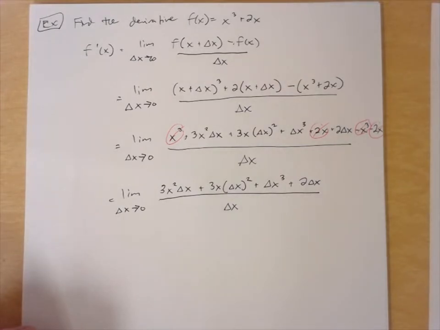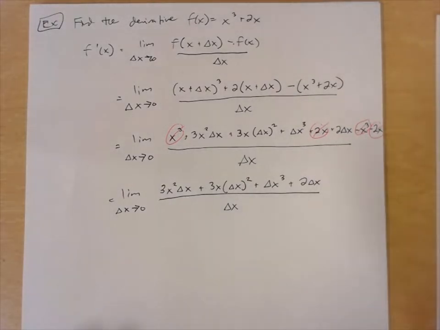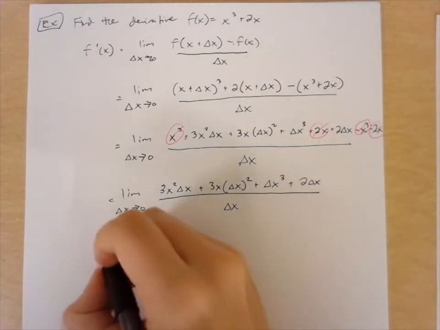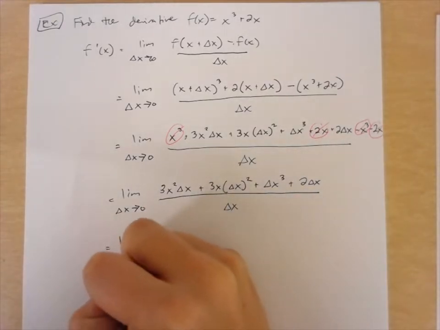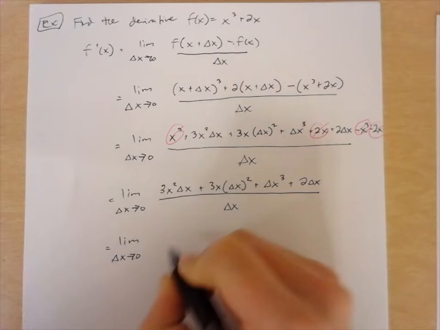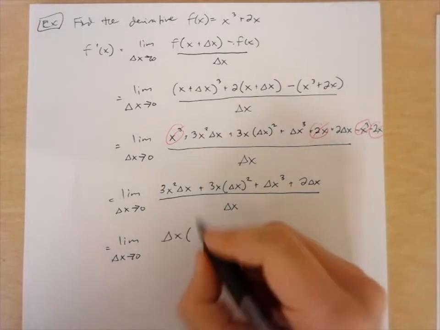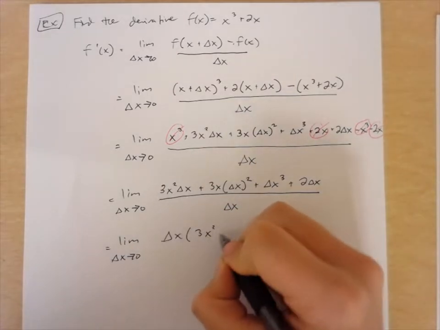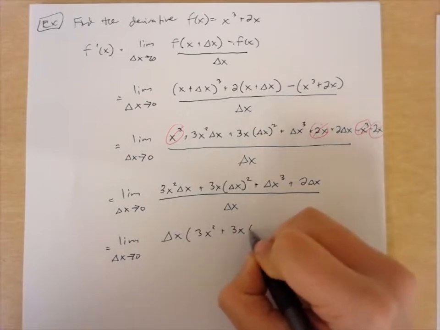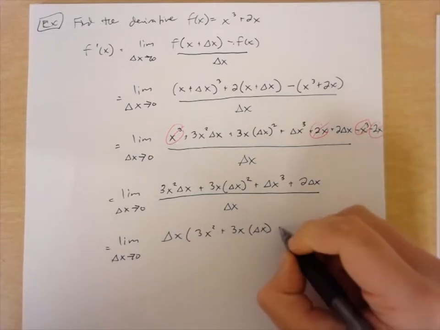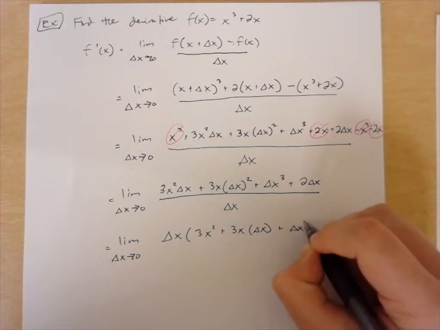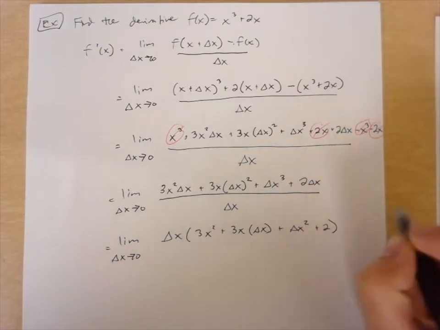And what we can essentially do at this point is factor out a change of x, because everything has a change of x. So we can take that out on top, and we're left inside with 3x squared plus 3x times change of x plus change of x squared plus 2.